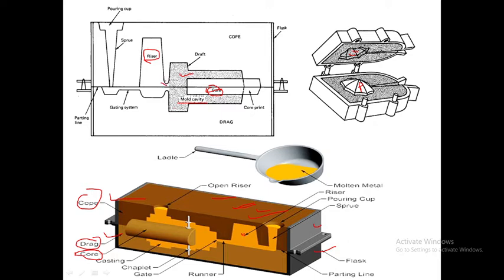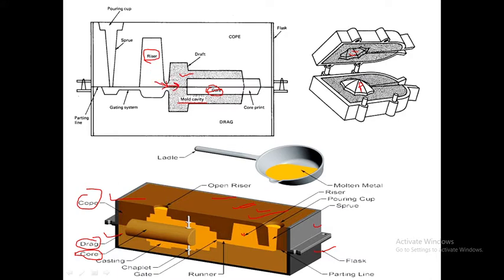As I said earlier, whenever the molten metal solidifies, it shrinks. Then to compensate for that shrinkage during solidification, this riser allows the metal present over here to flow into the cavity.